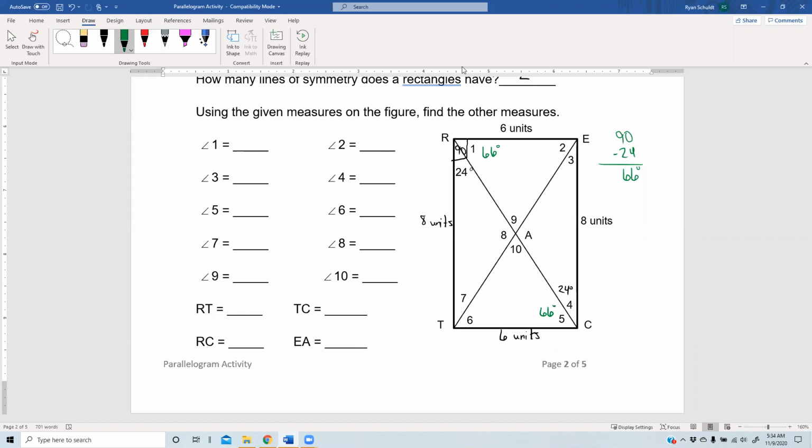Now, what do we know about the diagonals? Let's use those for a second here. What do we know about our diagonals? We know that these are all equal. Which means, let's say I'm just going to look at this triangle right here.